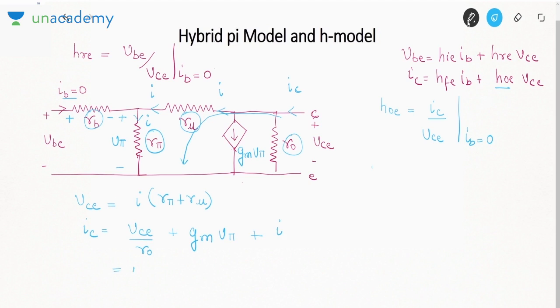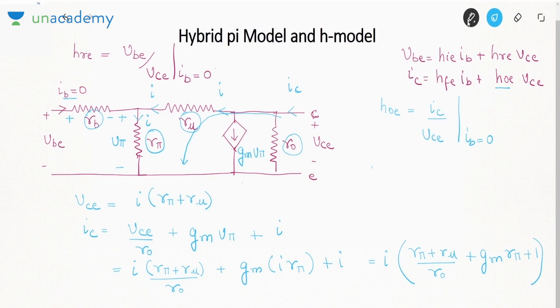Now VCE is nothing but I into R pi plus R mu over R naught. How to calculate V pi? V pi is nothing but I into R pi plus I. So if you now take IC by VCE, first let me simplify IC: R pi plus R mu over R naught plus GM R pi plus 1.